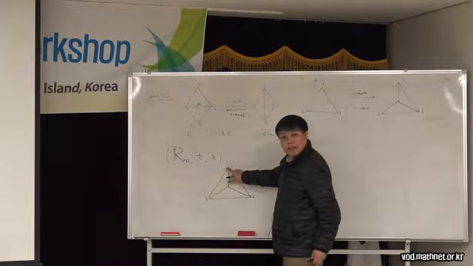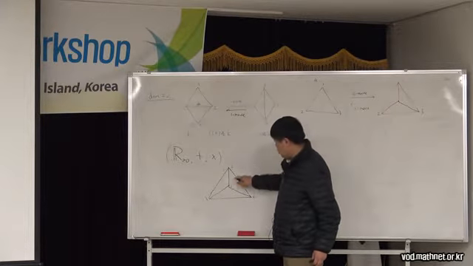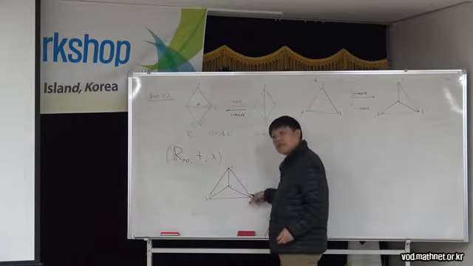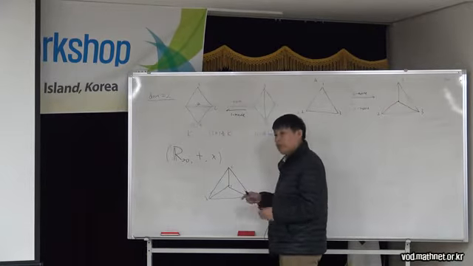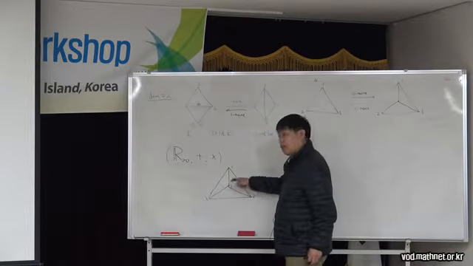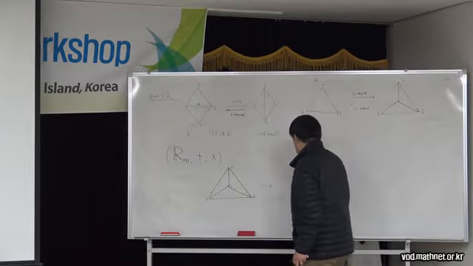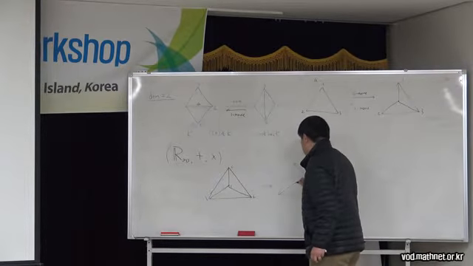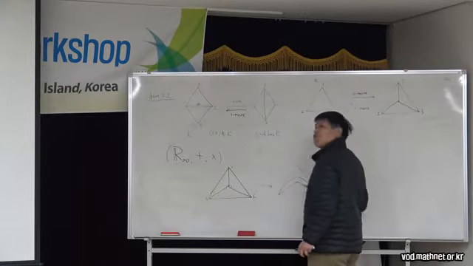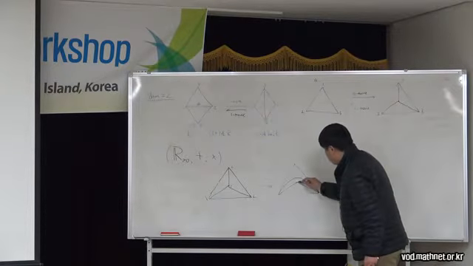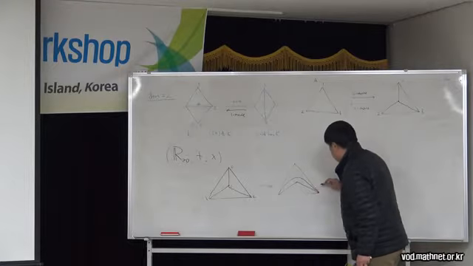This edge, the link of this edge, is just the boundary of the 3, 4. But the 3, 4 is still in here. But you can also do a move around this edge. You can get this one. And then you can also do the move around this one.